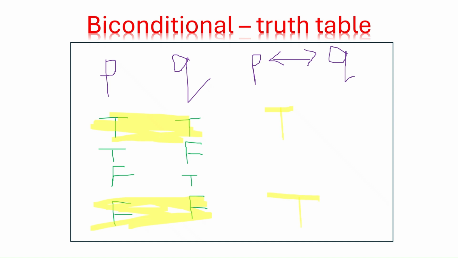If two statements are the same, both P and Q are the same, then it's true. And wherever any statement is not the same, it's false. So this is false, and this is false. Why? Because T and F, and here you have F and T, it's not the same, so it'll be false. Okay, and that concludes all of the truth tables that you need to memorize.